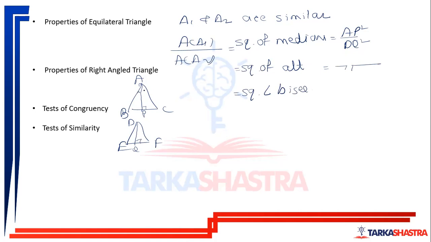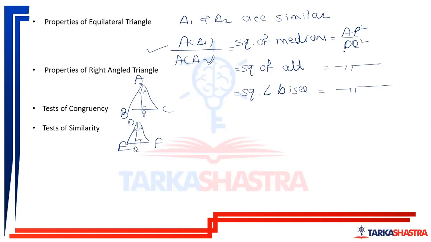So if these two are in this case angle bisectors of the respective angles, then also these properties are applicable. So areas of two similar triangles are in the ratio of squares of their medians, squares of their altitudes, and squares of their angle bisectors. Correct?